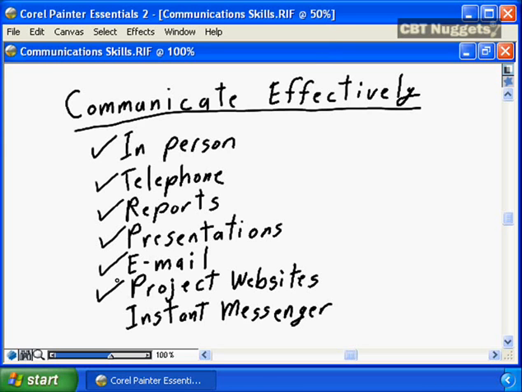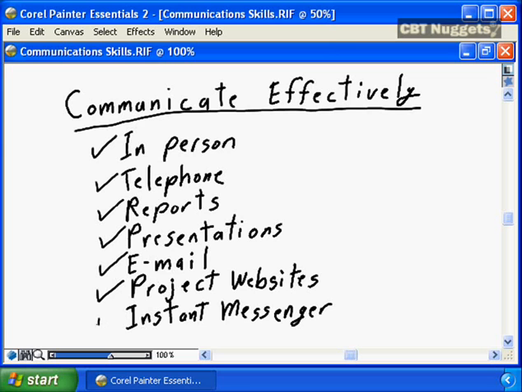Status reports, action items, fault reports, change reports, all in a collected, organized fashion, all within that project website, is a tremendous communications tool that you have, providing direct, immediate access to everybody on your team, to everybody in the stakeholder community, to all of the relevant project information that you wish to communicate.